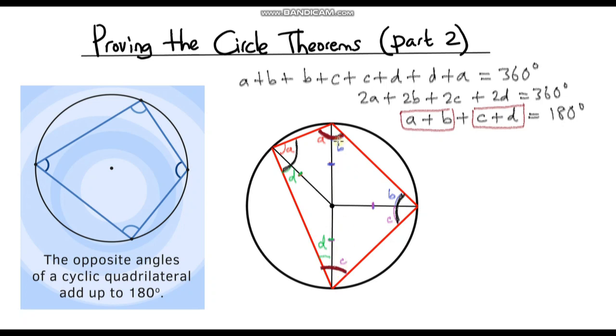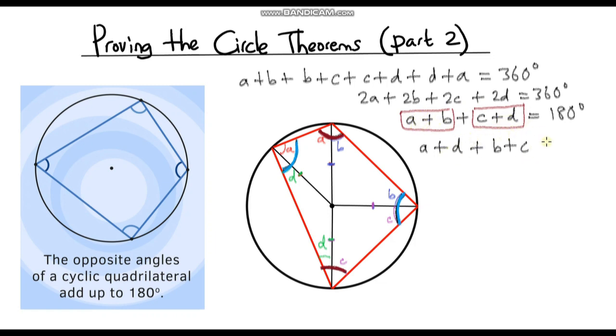Now we've proved it for these 2 angles, but what about the other opposite angles? So this angle here and this angle here. Well, let's just write down what these angles are. So this is A plus D. And then this angle here is B plus C. But notice that this expression that I've just written out is exactly the same as this expression. Addition is commutative. The order does not matter.